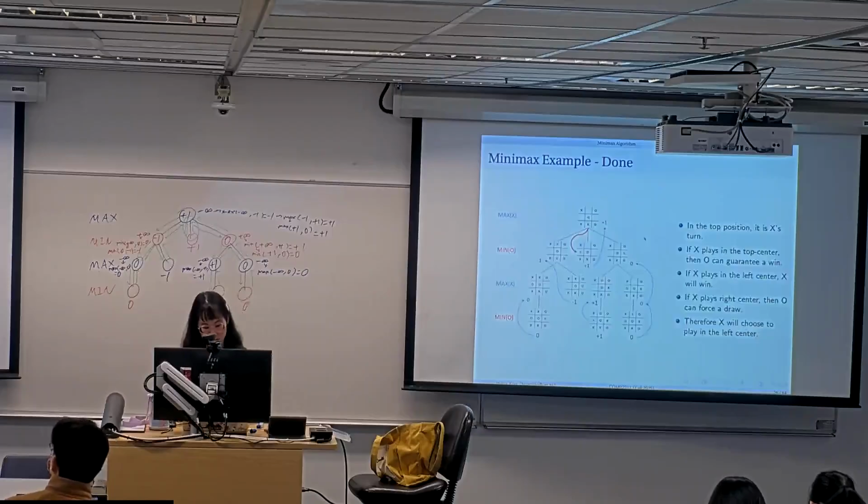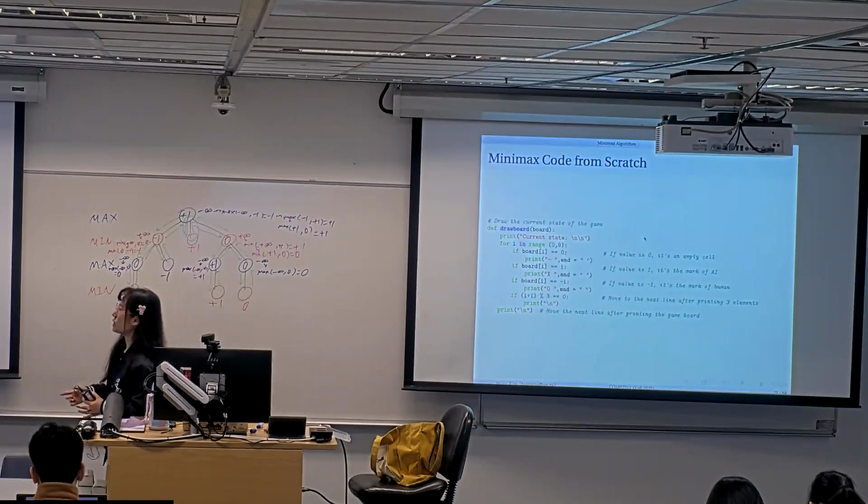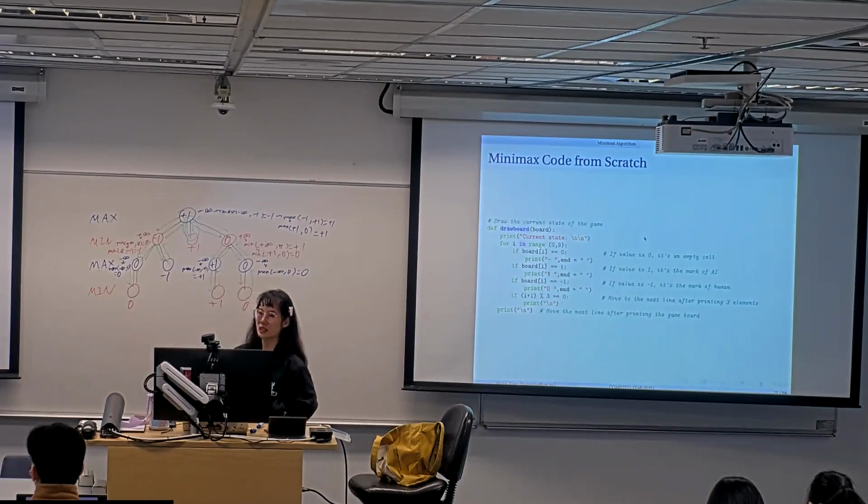This is the minimax. Next would be how to implement the minimax from scratch. For the minimax and alpha beta pruning, we go back to implementing from scratch. So in lab 9, you also need to do the implementation from scratch, because we finished the neural network.